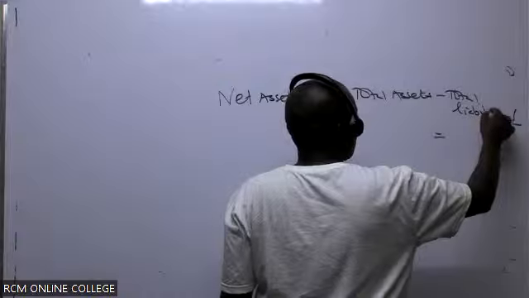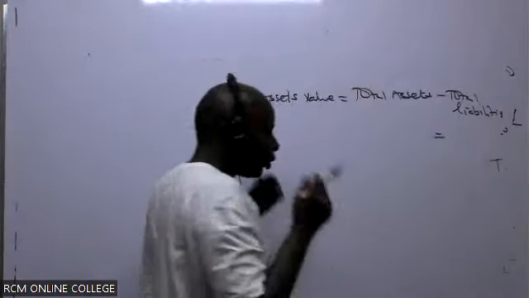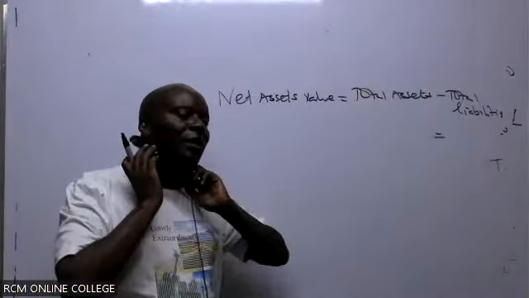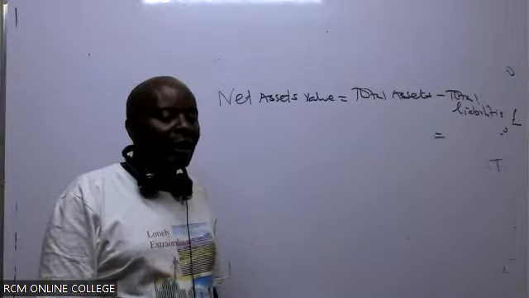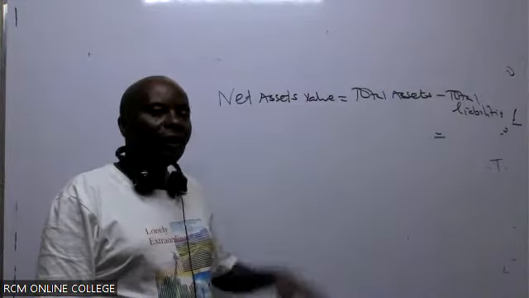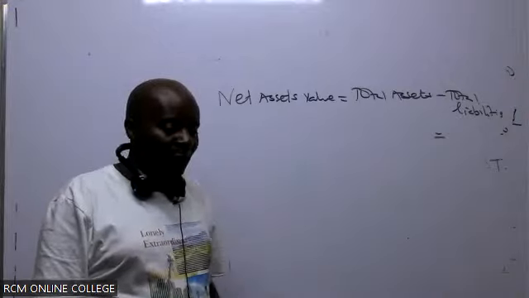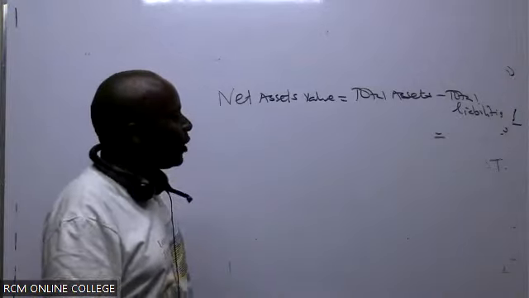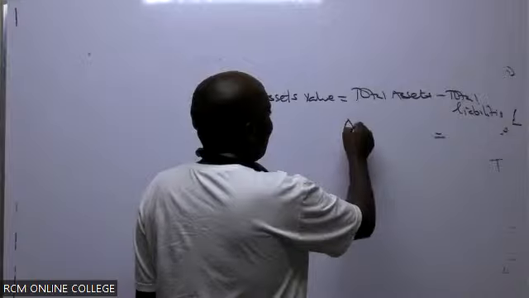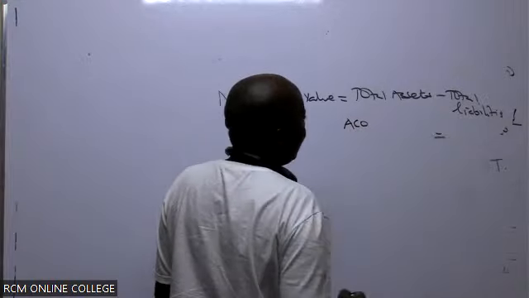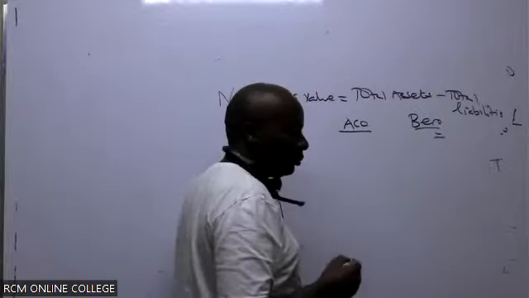I'll show you two methods here. Total assets minus total liabilities. Net assets basically are the equity of the company. Like now here we have two companies, ACO and Bero.